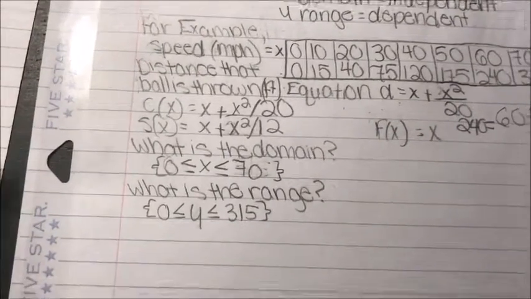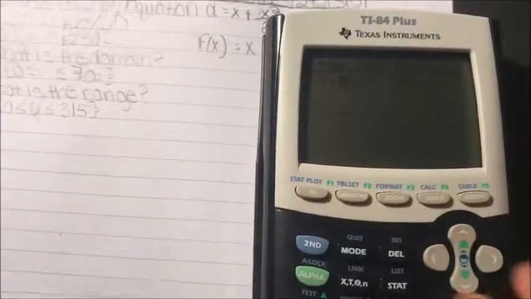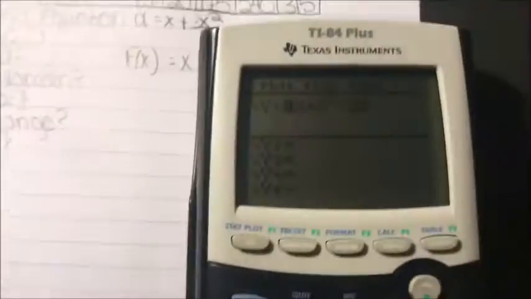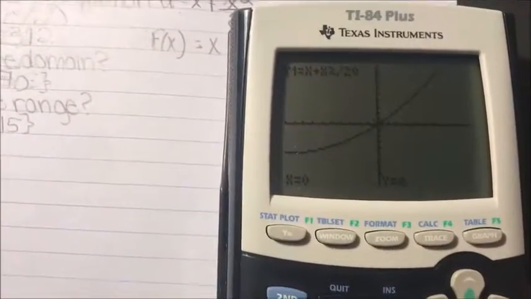You can plug this into your calculator. You would hit y equals, plug in your equation, and y1 would be your distance. Then if you hit trace, there you have it.